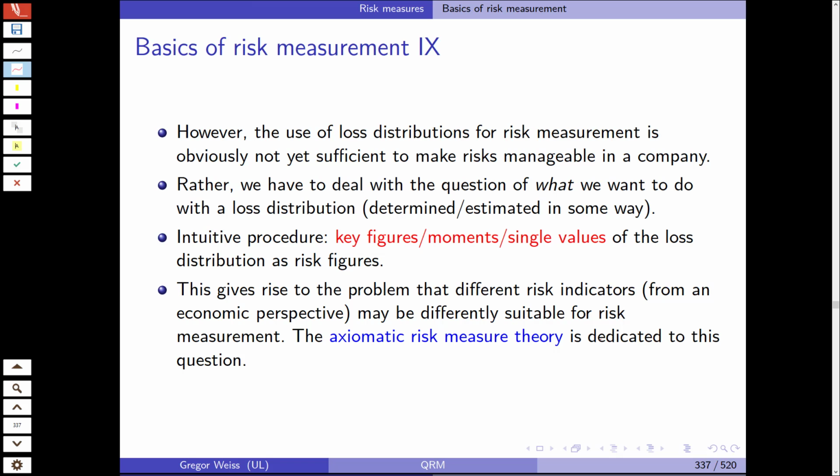Next, it is obviously not yet sufficient to work with the loss distributions itself. What managers, and especially top management, are looking for is key figures, moments, single values. They are not interested in the risk manager drawing such a line saying, well, this looks okay. They want a figure.